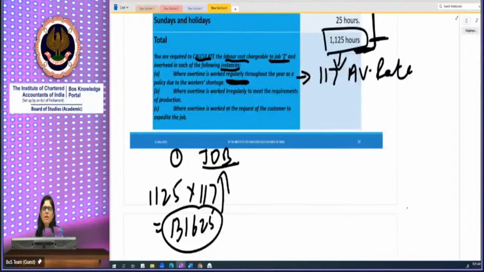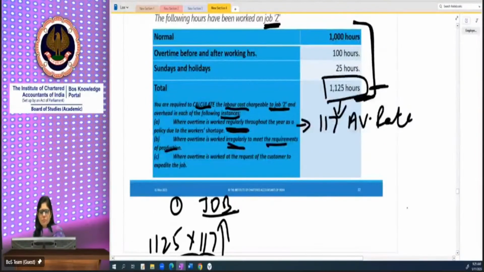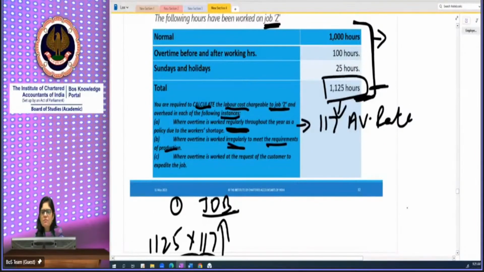So when the overtime is worked irregularly to meet the requirements of production, overtime will not be charged as a direct labor cost, but as an indirect labor cost, and it will be charged to the production department. Here, for 1000 hours, it will go as rupees 100 as a direct labor cost. So only normal will go to direct labor cost.